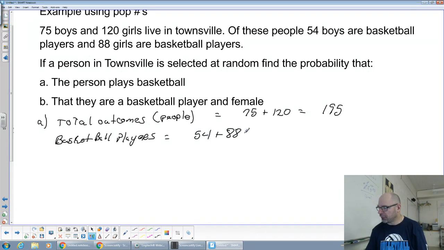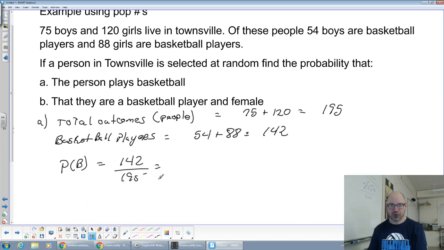So 54 plus 88 gives us the total number of basketball players. Okay, so what's the probability? We've got favorable basketball players over total. It's not odds, so be careful. So that would be 0.728.